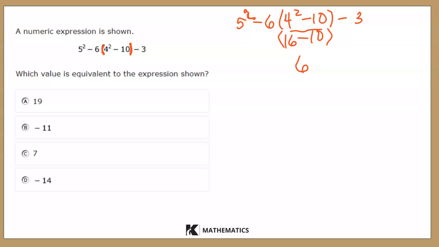Now I need to rewrite everything that went with that problem. I now have an exponent, some subtraction, multiplication, and some more subtraction. Based on my order of operations, I'm going to work my exponents next. 5 squared gives me 25, and then I rewrite what I have left.